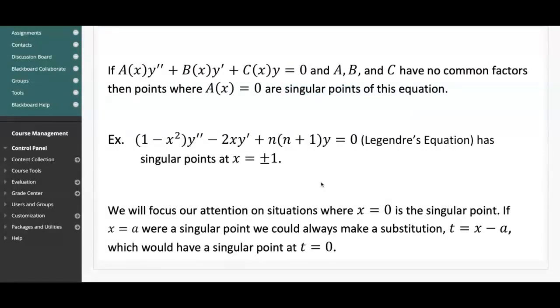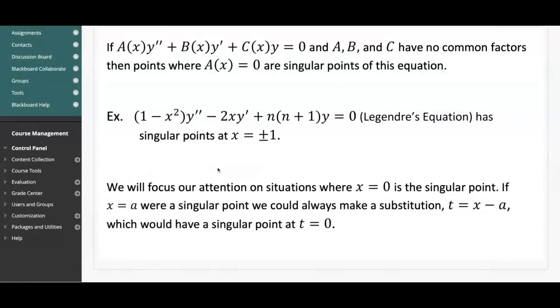So let's see an example. We have this equals 0, Legendre's equation, and this clearly has singular points at x equals plus or minus 1. Remember that? Let's review a little bit. In this case, this is our a of x, this is our b of x, this is our c of x.